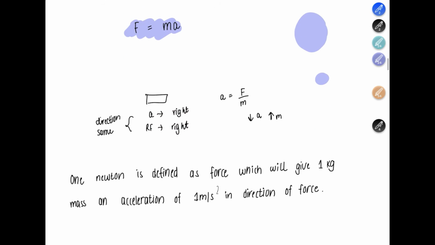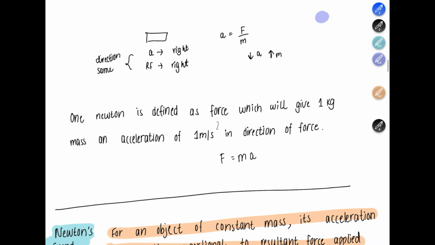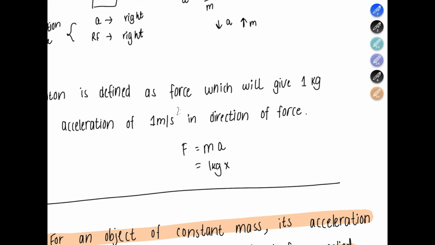Now we can also say, based on this equation, that 1 Newton is defined as the force which will give a 1 kilogram mass an acceleration of 1 meter per second squared in the direction of the force. F equals ma, so 1 kg multiplied by 1 meter per second squared. This is going to be 1 kilogram meter per second squared.